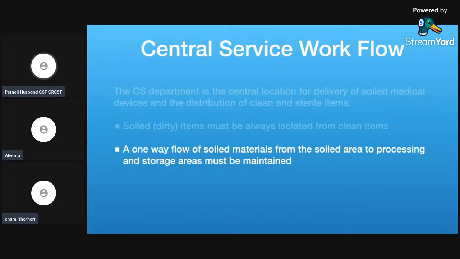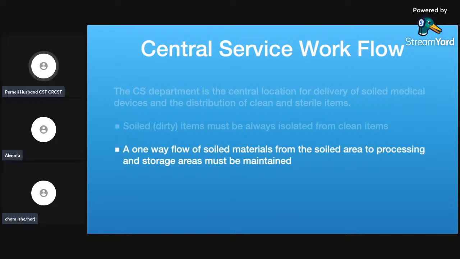The last thing we want to do is add to that whole mix by distributing unknowingly, unwittingly bacteria everywhere. So there are very strict protocols as it relates to the movement and flow of dirty things and clean things. We never want the two to meet, right? That should be very clearly understood. And we'll continue to reinforce that as we go along.